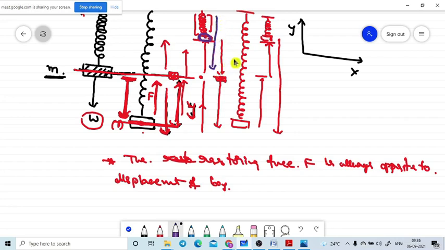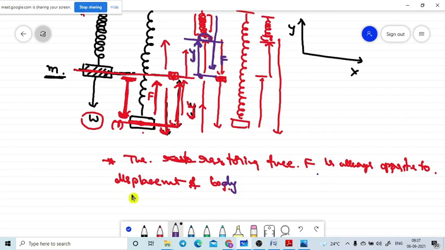The restoring force direction is here, but the displacement of the body from the mean position is in this direction. This is the y. The pushing restoring force is in this direction and the displacement from the mean position is in the opposite direction. That means the restoring force F is always opposite to the displacement of the body. This is the first condition we observed.